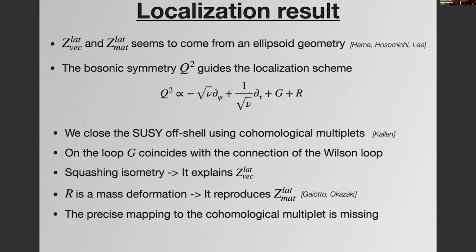The Killing vector is not an N=2 Killing vector, it can be built only in an N=4 algebra, and it is a little bit involved to find the precise mapping from ABJM multiplets to these cohomological multiplets. But we think that it is not really an obstruction, just a technical issue. Okay, thank you.